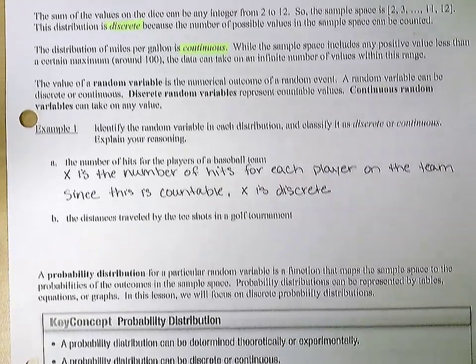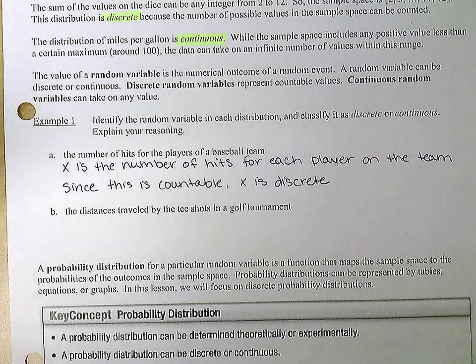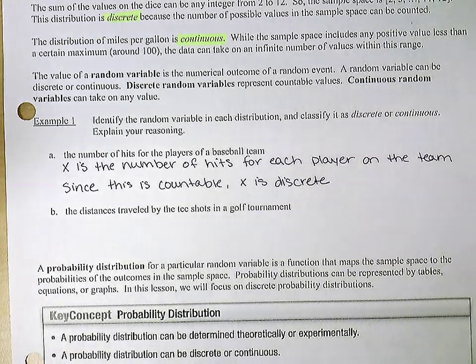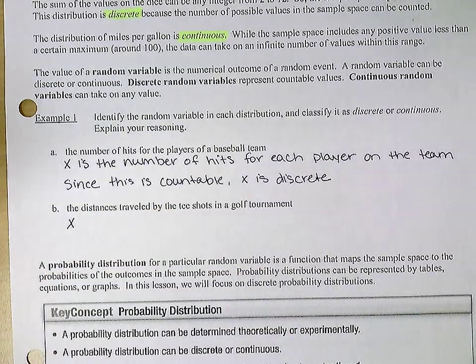Okay, then letter B, we're doing the same thing, so identify the random variable and then say whether it is continuous or discrete. Letter B says the distances traveled by the tee shots in a golf tournament. It is continuous. Okay, what's the random variable in this case? x is our random variable, but what is it?